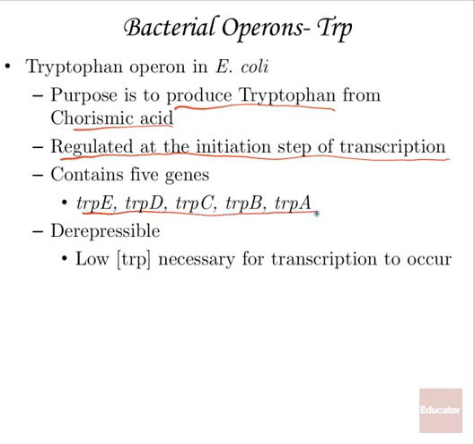And it is derepressible, meaning that it is normally in a repressed state, and you can take that repression off. So if you have very low tryptophan concentration around, this will become active because you're going to want to produce tryptophan. Okay. So let's draw out the trp operon.